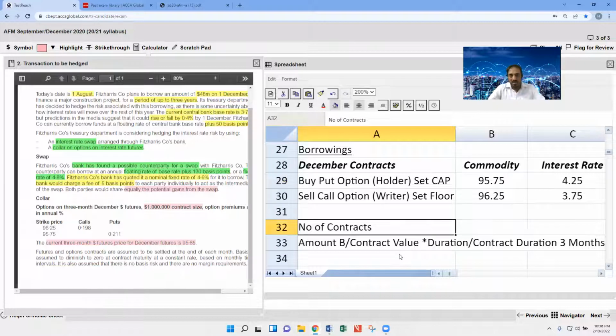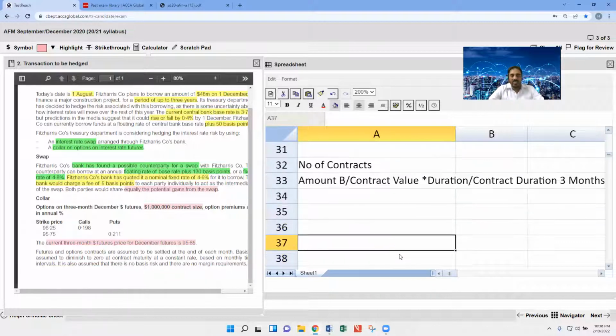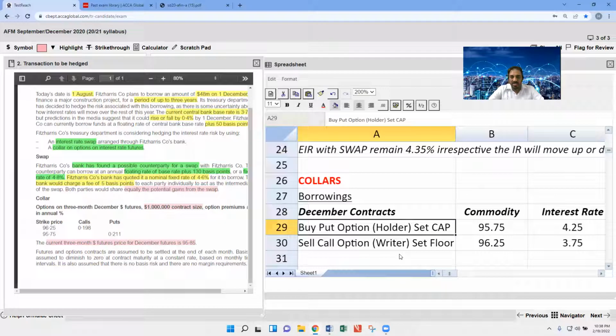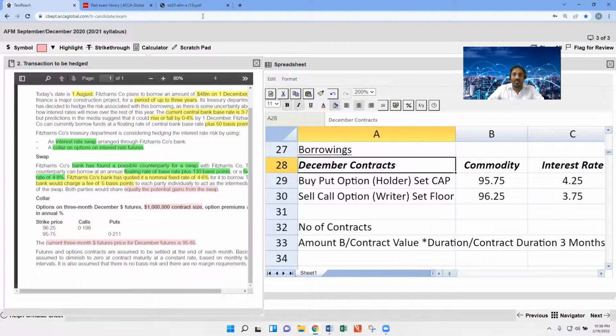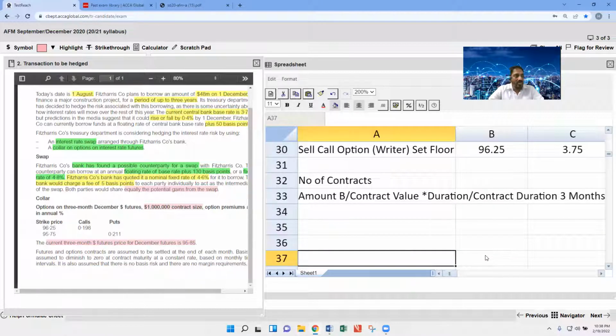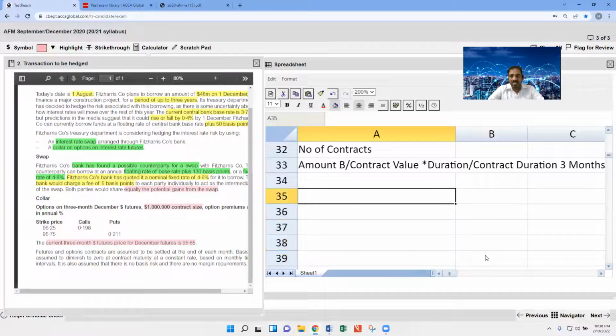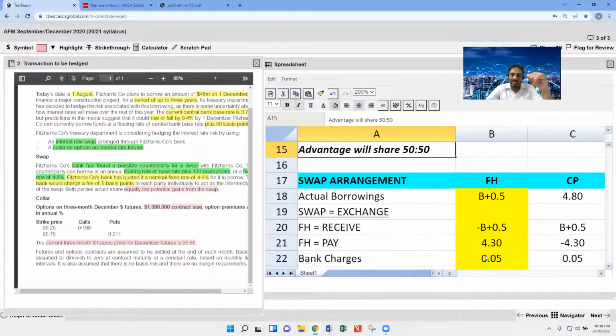Yes, now the next point: we have done with the arrangement of the callers. Now the point is evaluation of the callers. Sir, we have done swap arrangement, no evaluation.